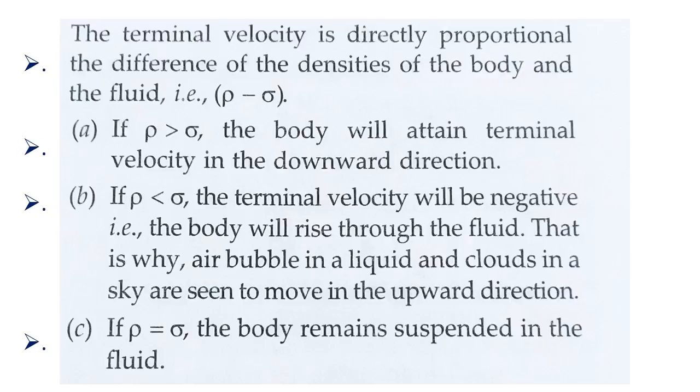If rho is greater than sigma, the body will attain terminal velocity in the downward direction. But if rho is less than sigma, the terminal velocity will be negative and the body will rise through the fluid. That is why air bubbles in a liquid and clouds in the sky are seen to move in the upward direction. And if rho is equal to sigma, then the body remains suspended in the fluid.